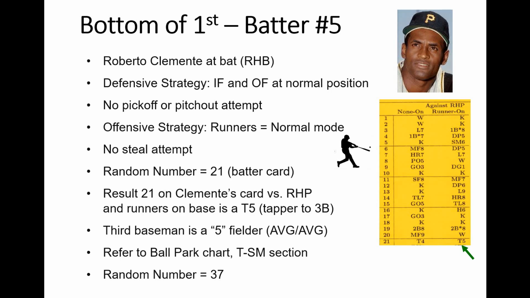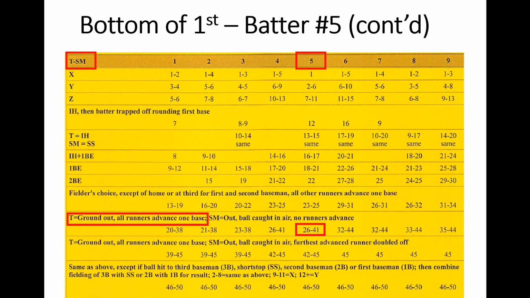The third baseman is a 5 fielder, we're going to assume. And that basically means he has average range and average error frequency. So T is another one where we refer to the ballpark chart. We refer to the T-SM section, which I'll show you in the next slide. We roll a random number of 37.